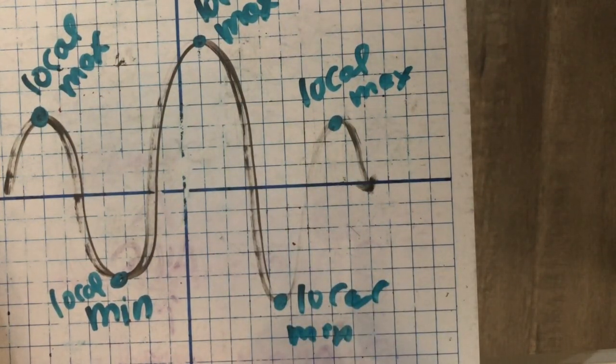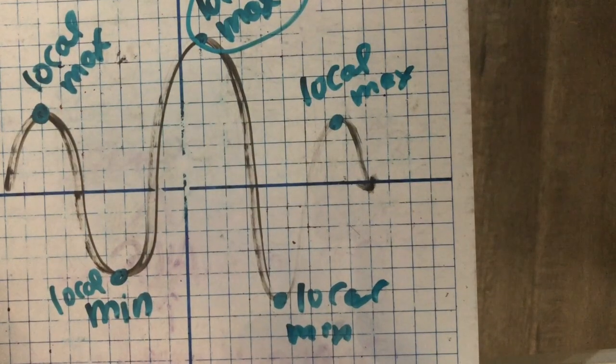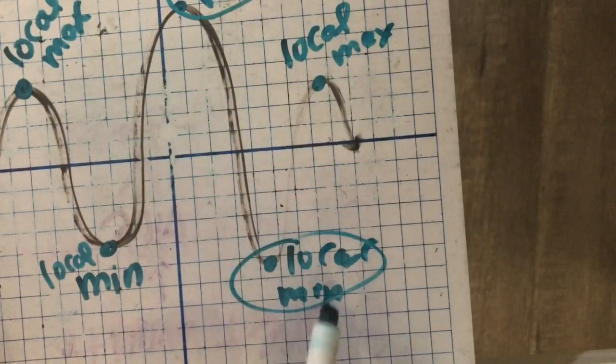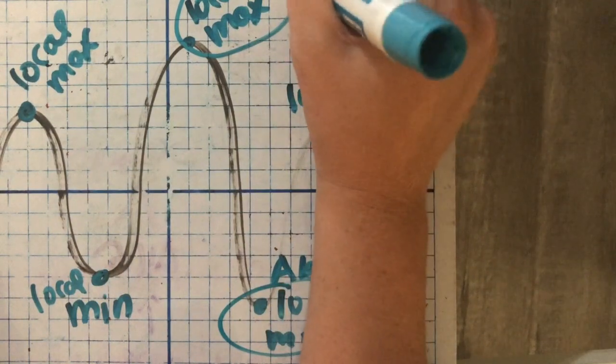And then let's review, throw it back to last one. We can only have one absolute max and one absolute min. So take a guess at which one would be the absolute max. This one here, right? That is your very highest. And then your absolute or your global minimum would be this one down here, right? So this is your absolute and this is your absolute here.